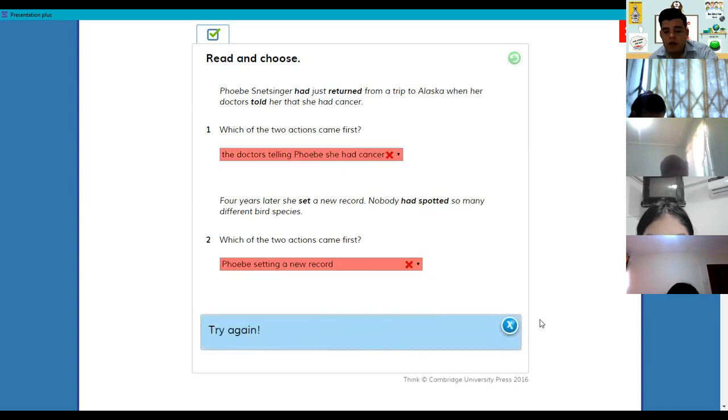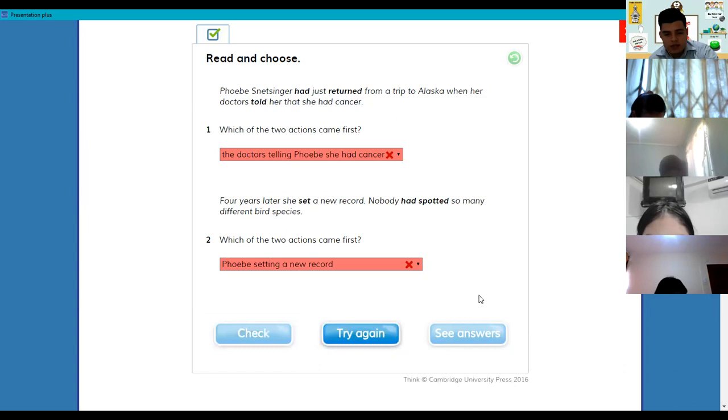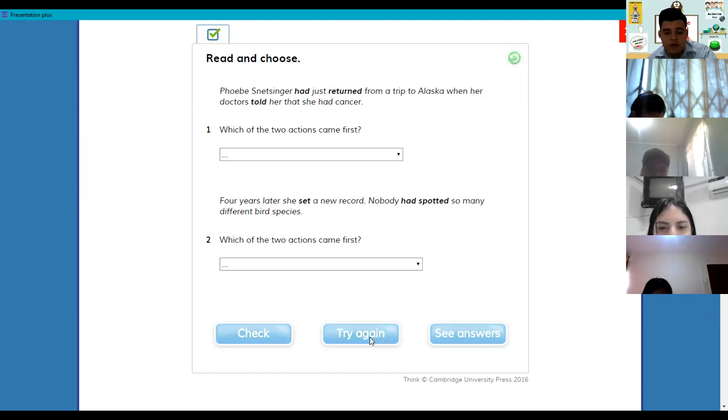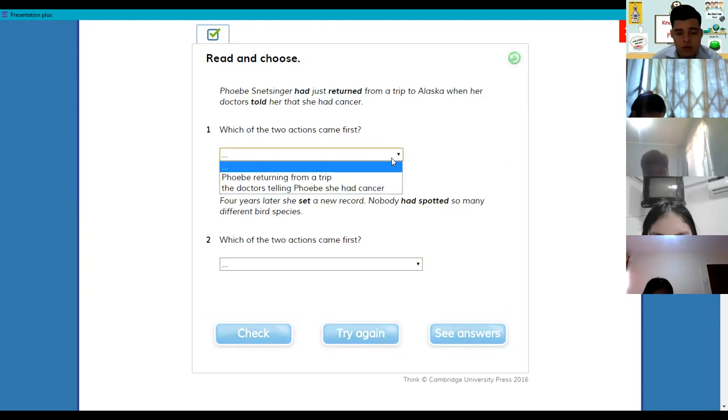Okay, now we have two mistakes. Why? Guys, you have to read carefully, okay? You have to read and comprehend the meaning of the sentence. For example, we have two actions. The action number one, Philip returning from a trip.